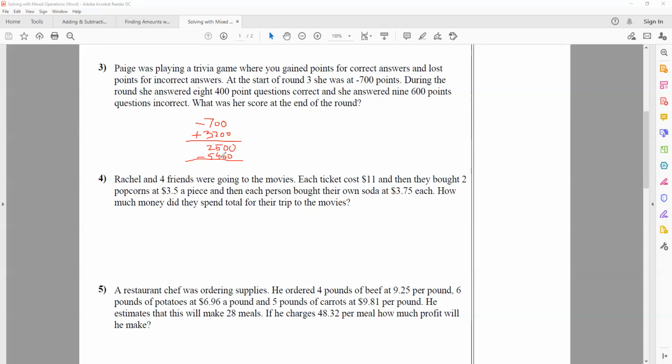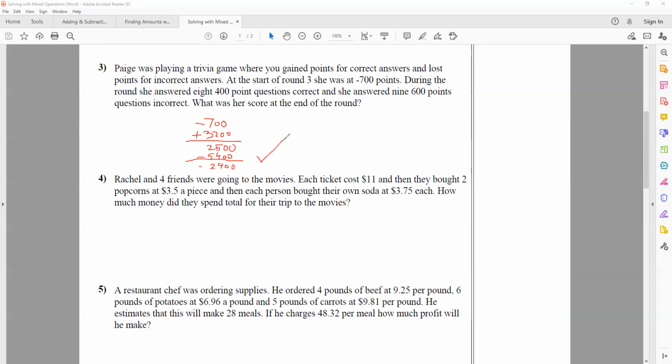Negative 3,100. No, be careful. Think about 5,400 minus 2,500, but change it to negative. It's not 3,000. It's going to be less. 2,900. Yes. All right.